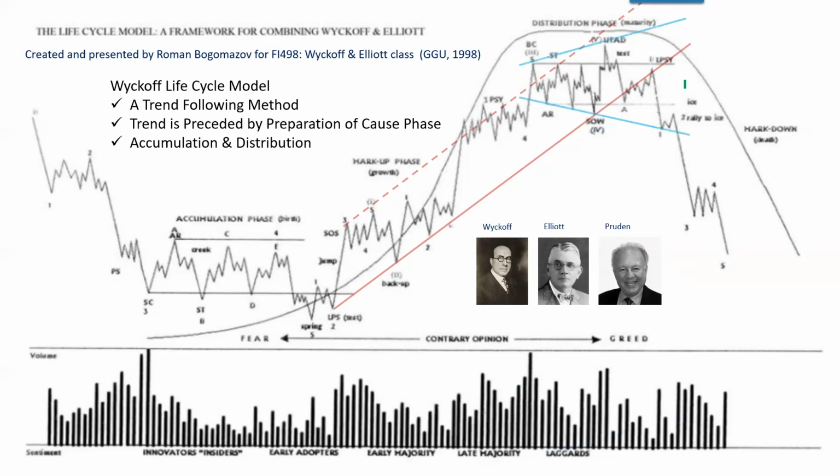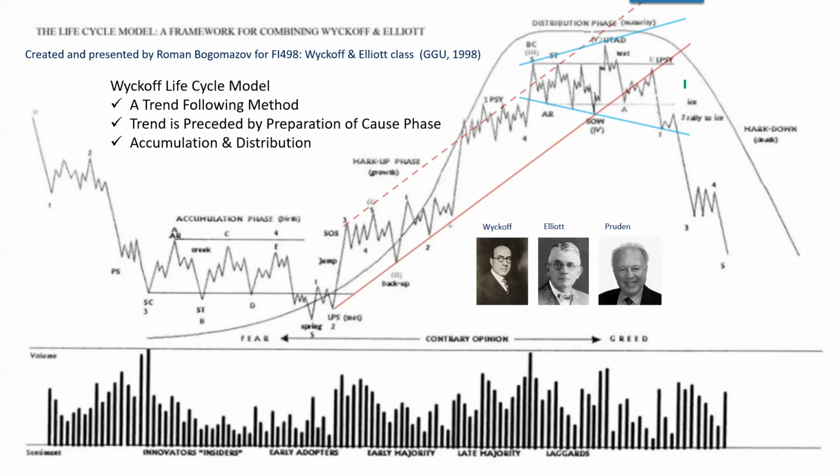And then you can see in the case of this distribution model, which Roman did back when he was a graduate student, brilliant work. And it's a little fuzzy here, but it's the best copy we have. You can see the broadening formation, which shows the increasing volatility as stock goes from strong hands to weak hands.